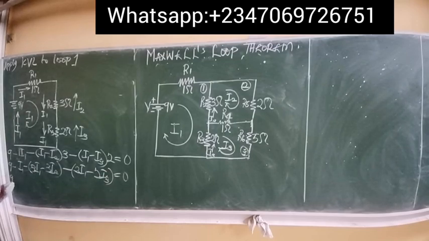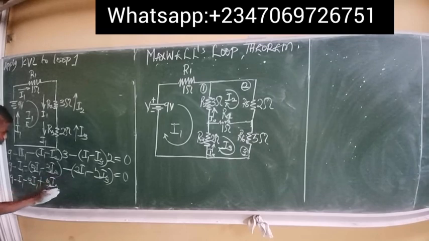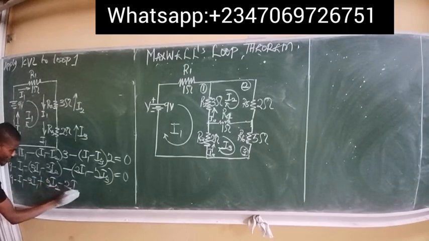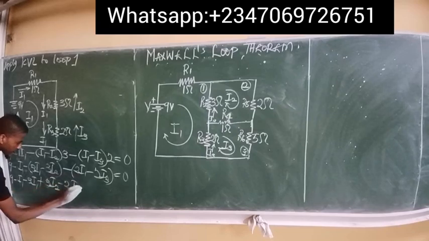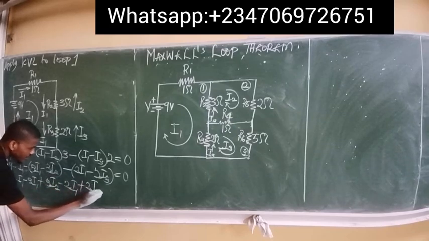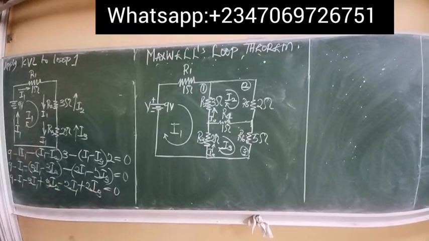I have here 9 minus I1 minus 3I1 minus multiplies 3 gives us minus 3I1, minus times minus here is plus 3I2. Same thing here, minus multiplies 2 gives me minus 2I1, minus times minus here is plus 2I3, and this is equal to 0.